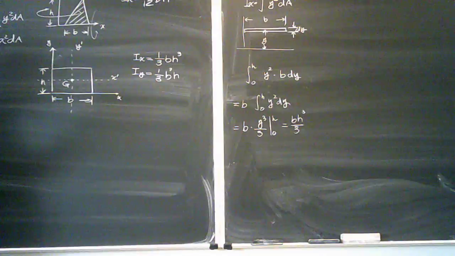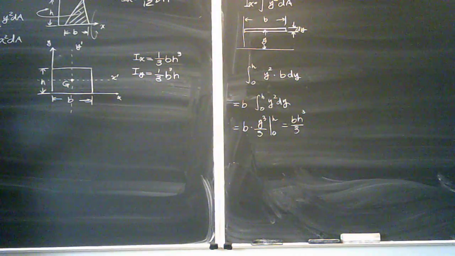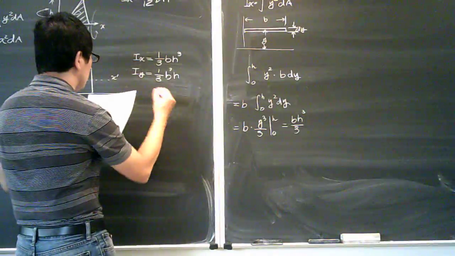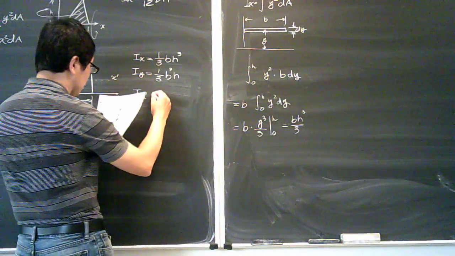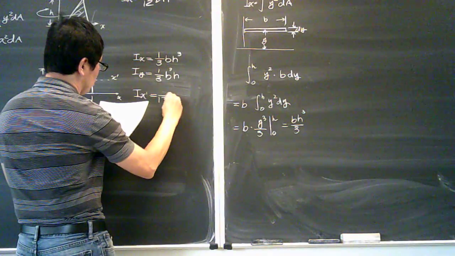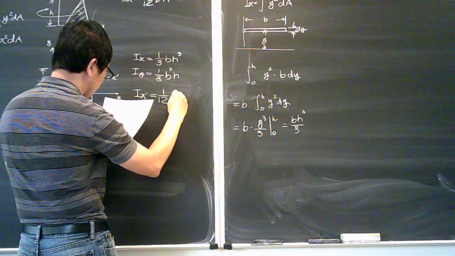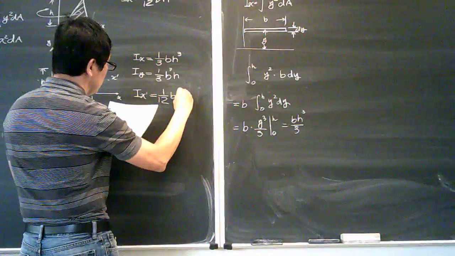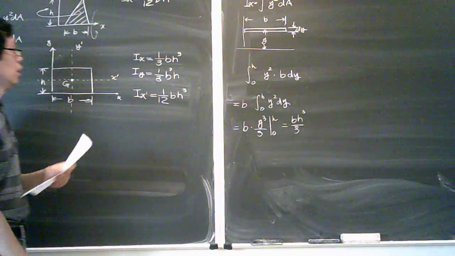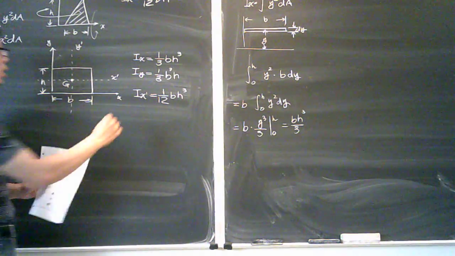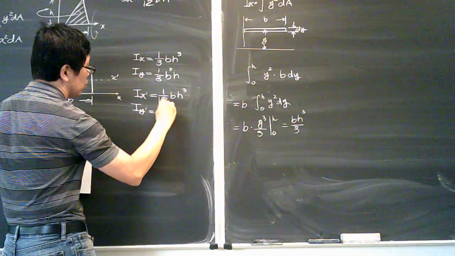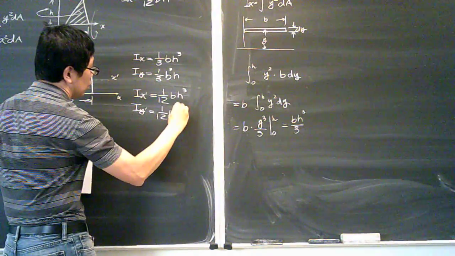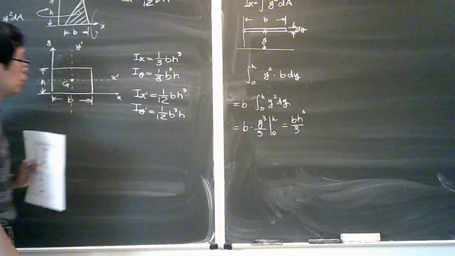So when you use x prime and y prime, you're going to find Ix prime equals 1/12 b h cubed, Iy prime equals 1/12 b cubed h.